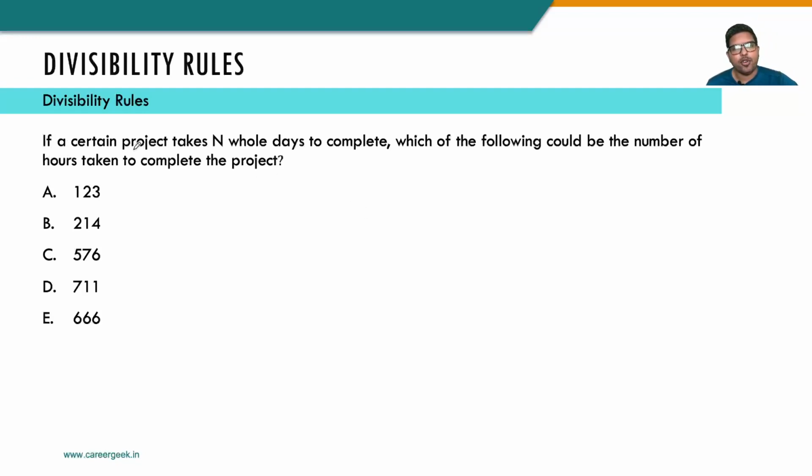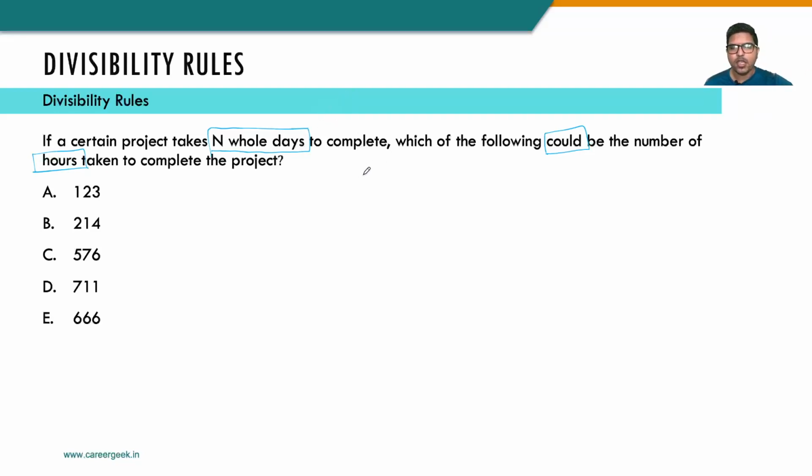If a certain project takes n whole days to complete, meaning n complete days, which of the following could be the number of hours? Remember, one day has 24 hours.